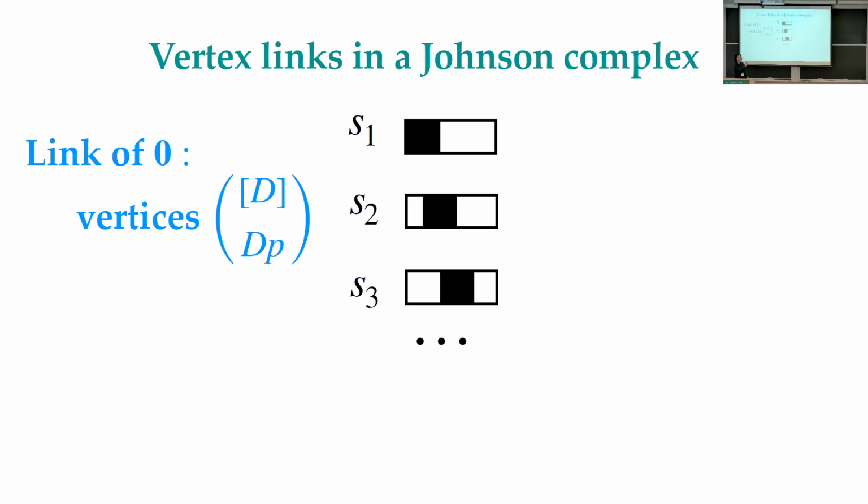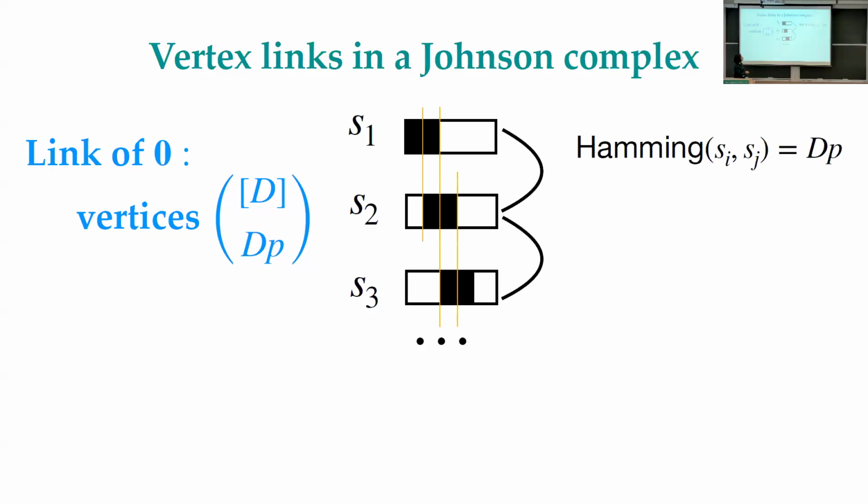And I'm looking at the induced subgraph over them, which means two points Si and Sj are connected if their Hamming distance is d times p. If I abuse notation a bit and use Si to denote the set of non-zero coordinates in my string, then two sets are connected if they intersect in dp over 2 points.